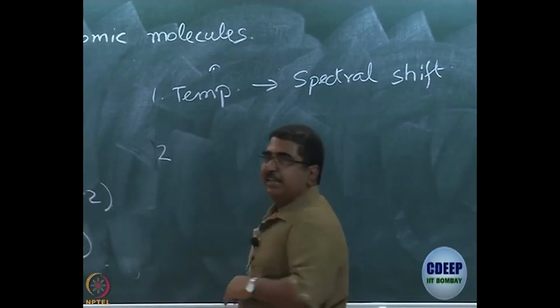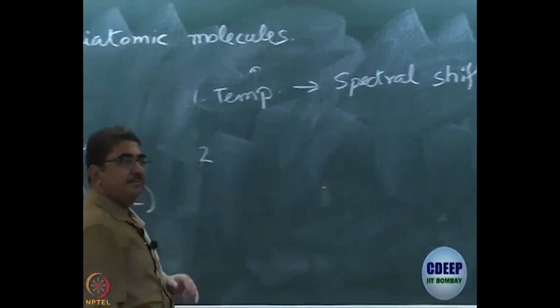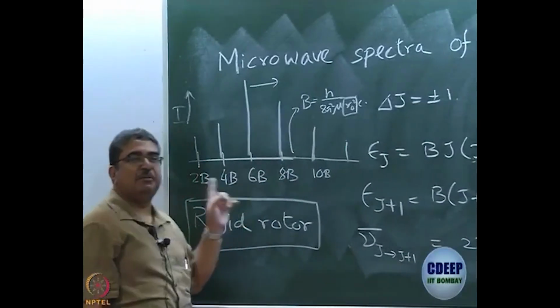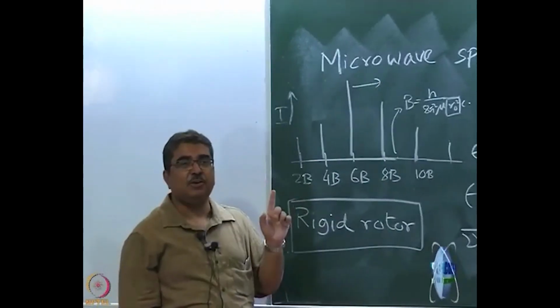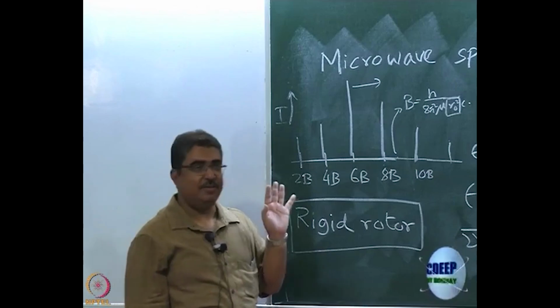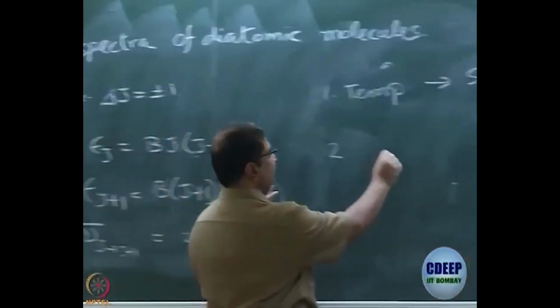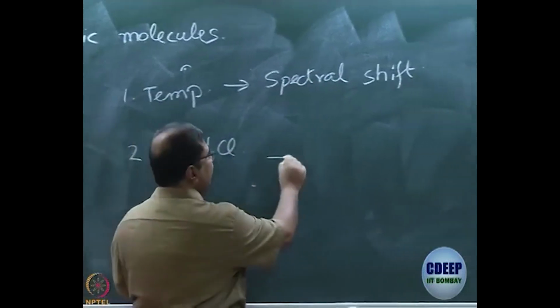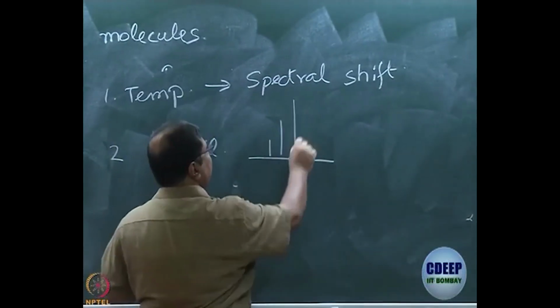Now, we will talk about something else. If you look at the same microwave spectrum, let us say we are talking about HCl, you expect a spectrum that looks something like this.